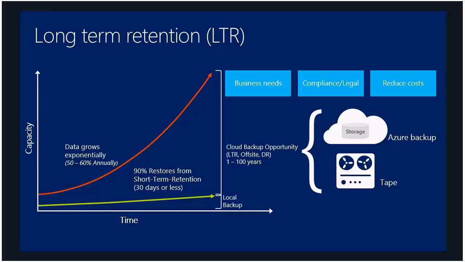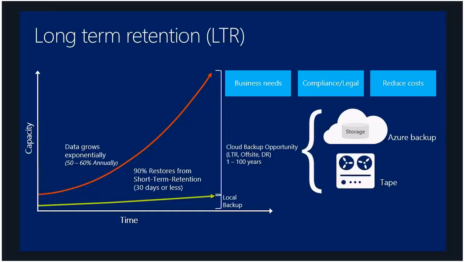So what do we get out of Azure Backup? Well, we get long-term retention. Think of it as a replacement for your tape storage. Some industries have specific requirements for data retention, like healthcare, the legal industry, manufacturing. Azure Backup has a retention period of up to 99 years.